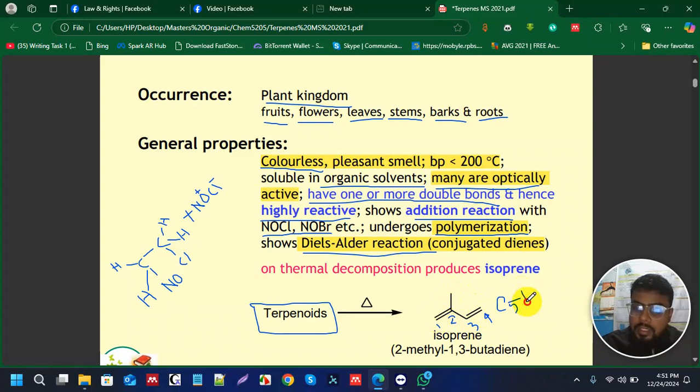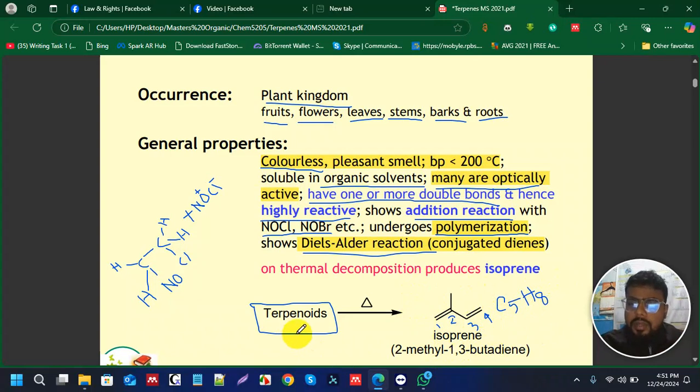That's how we get C5H8. That is the molecular formula of the isoprene unit. One isoprene unit contains a total of five carbons, C5, and eight hydrogens, H8. This is the overall picture of the isoprene unit.